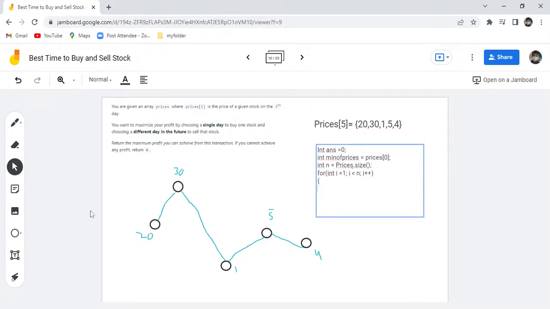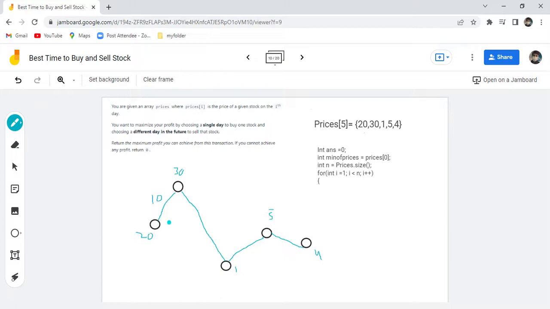Now basically we have to find the difference between these two values. So we will find the difference between 20 and 30, which is 30 minus 20, 10.